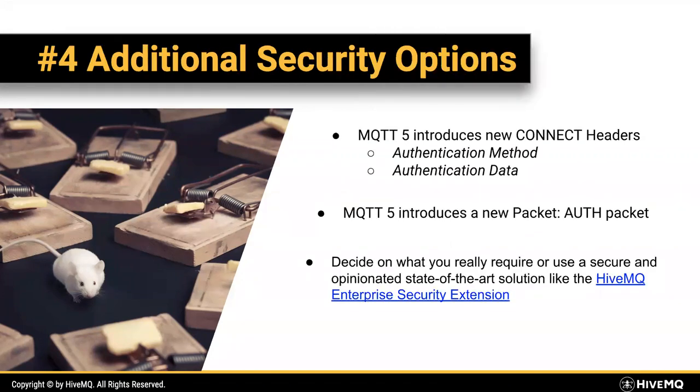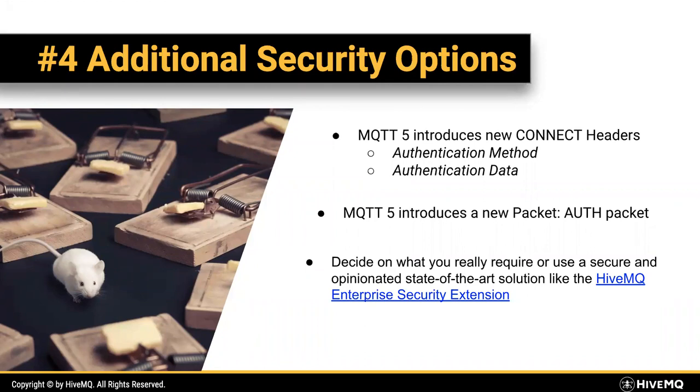And the last thing here is also when we talk about security options. So security is a tough topic because security is really something you need to get right. Fortunately, you can use any security mechanism you can imagine with MQTT.